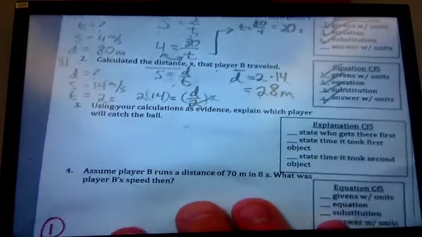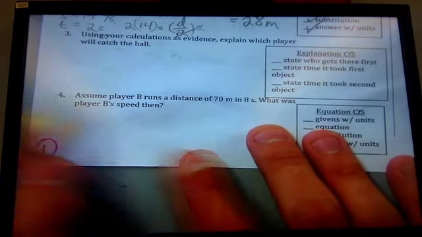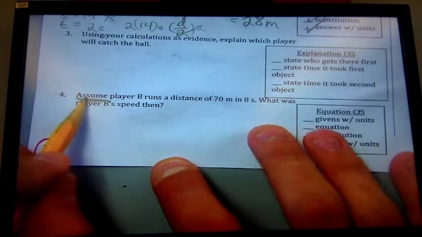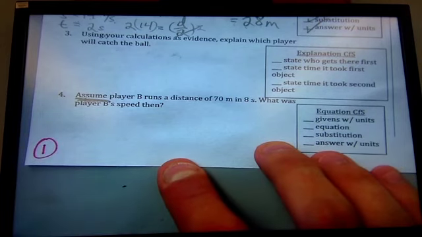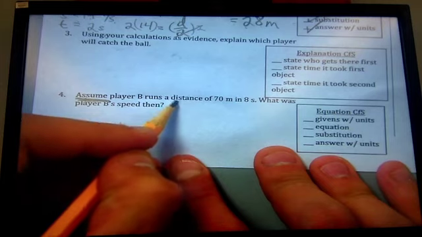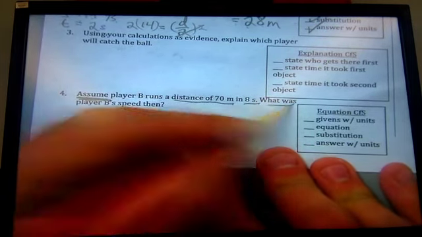Next, let's look at number 4. Number 4 is a text clue that means something special. It says assume. When it says assume, that means the things that are following are the numbers it wants you to use. So I'm not going to use the prompt. Let's look. It runs a distance of 70 meters, 8 seconds. What was the speed?